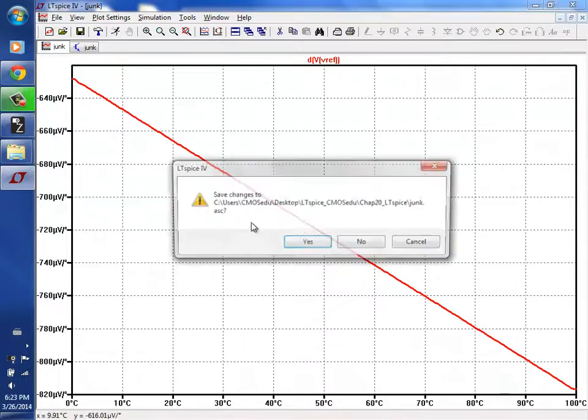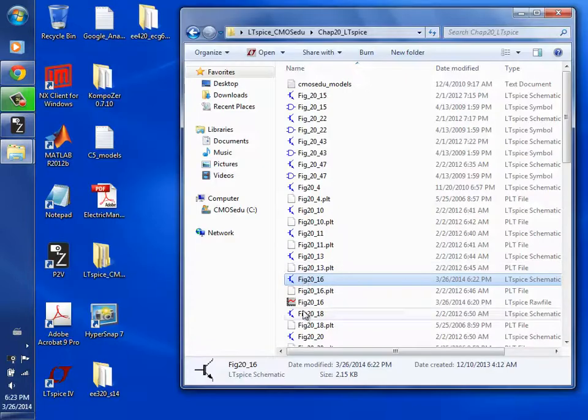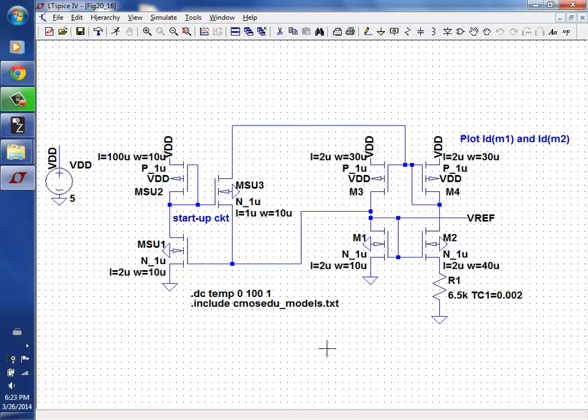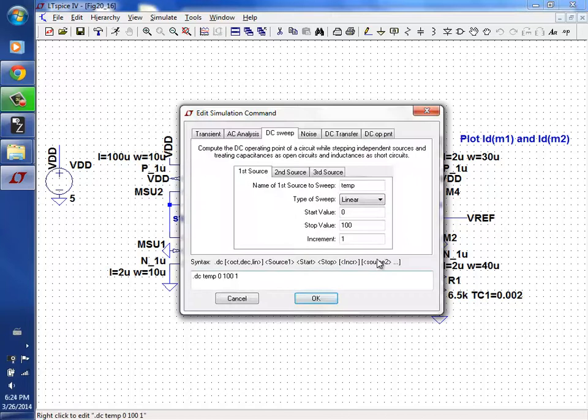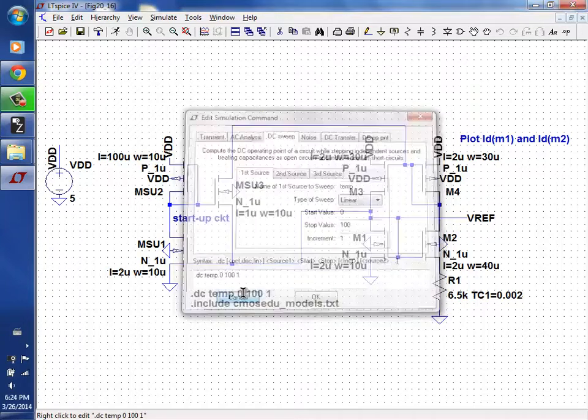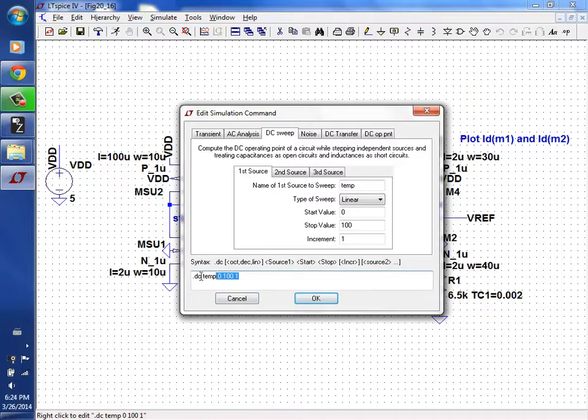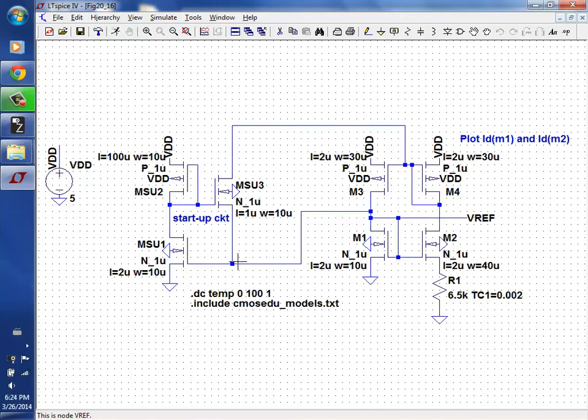All right, so let me go back and look at that because I think I did it right. Oh, poop. Oh, I save it as, no, that was the previous one I saved as junk. Oh, that's right. It is .temp. All right, so, oh, was this what you were saying?